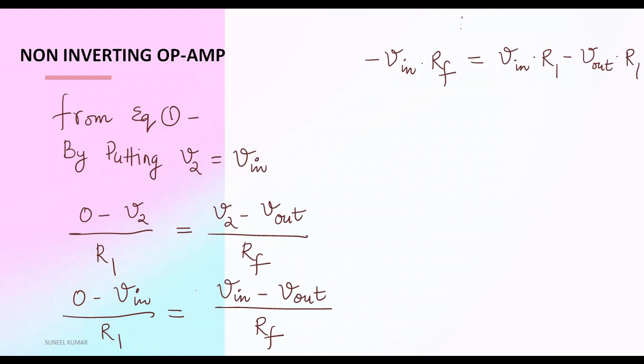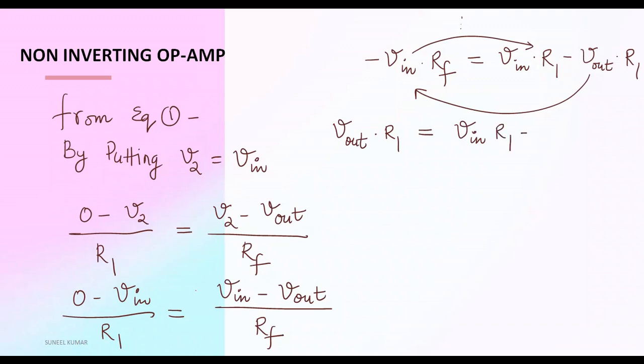So we bring the output term to one side and the input term to the other side. So this will become V output into R1 is equal to V input R1 plus V input RF.